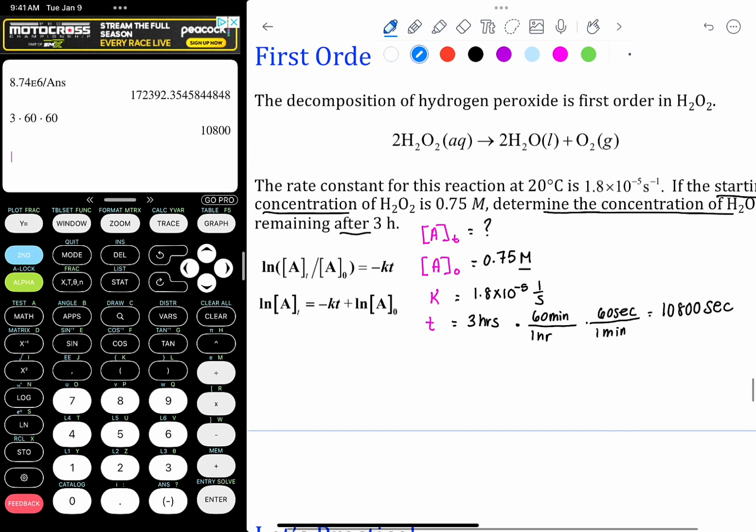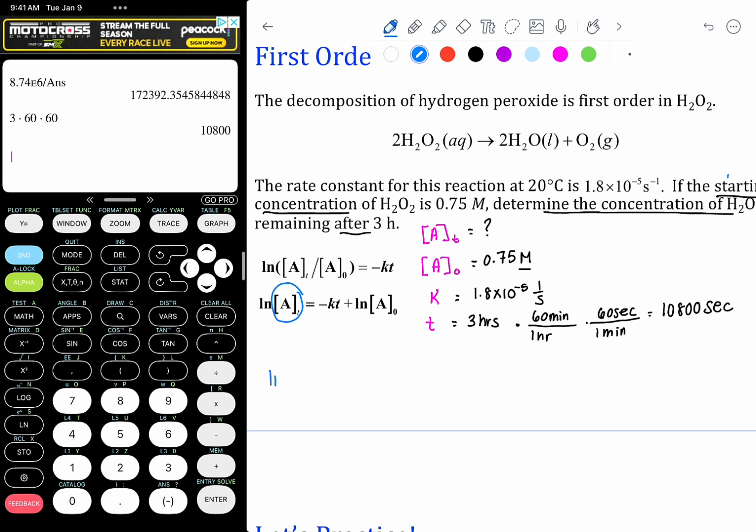So we're looking for our A sub t, which is this variable here. So it's probably easier to use the second version of this equation, rather than the first.